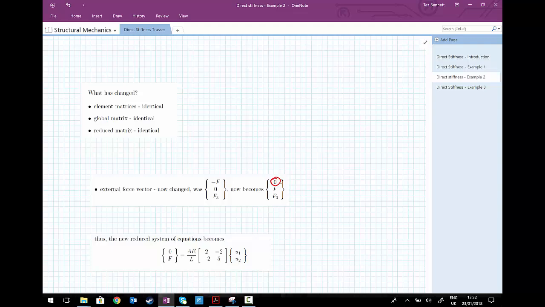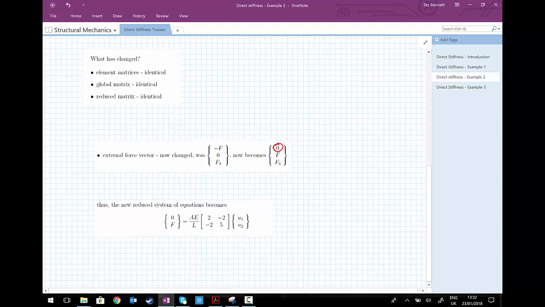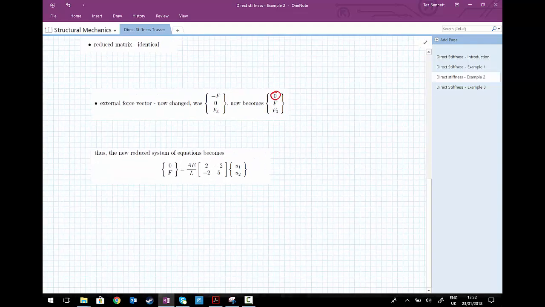And so we can rewrite our reduced system of equations, getting rid of our bottom row and our third column from the stiffness matrix. So we have 0 and F. The force vector is equal to AE divided by L, now 2, minus 2, minus 2, 5, multiplying by the unknowns U1 and U2. And that's all that's changed in this situation.